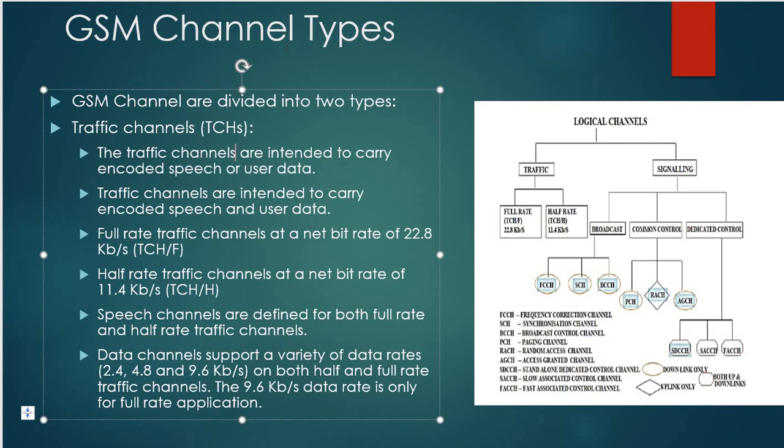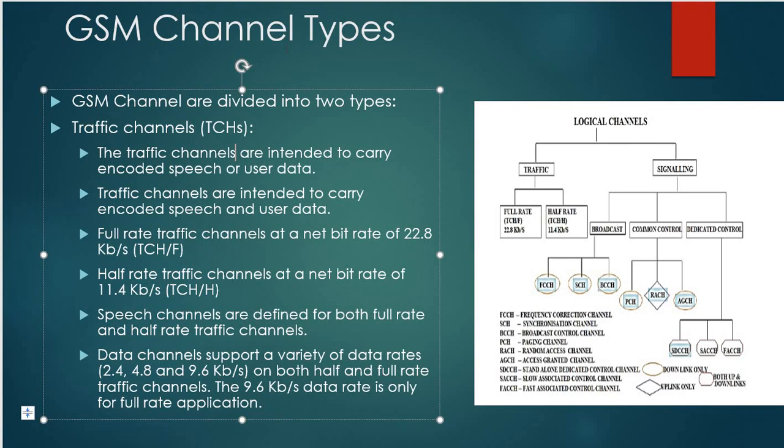Speech channels are defined for both full-rate and half-rate traffic. The full rate is 22.8 kbps and the half rate is 11.4 kbps.